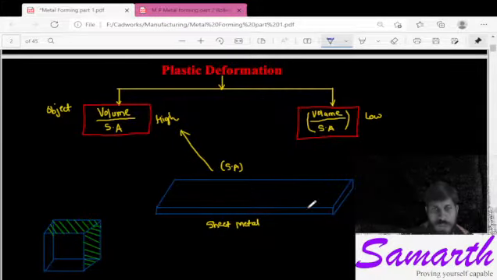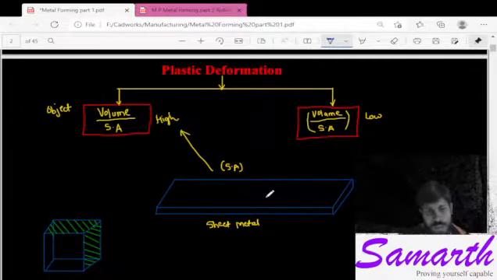For calling something sheet metal, or to use any sheet metal operation in the manufacturing process, we will first find the volume to surface area ratio. If we find this ratio lower, then we will perform sheet metal operations.